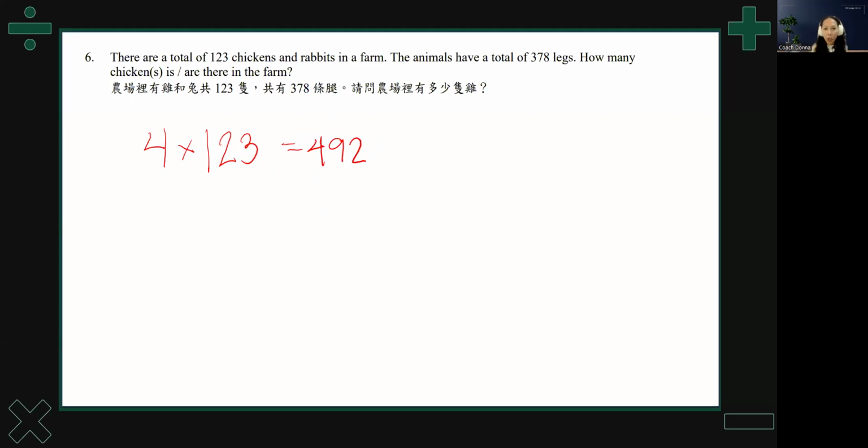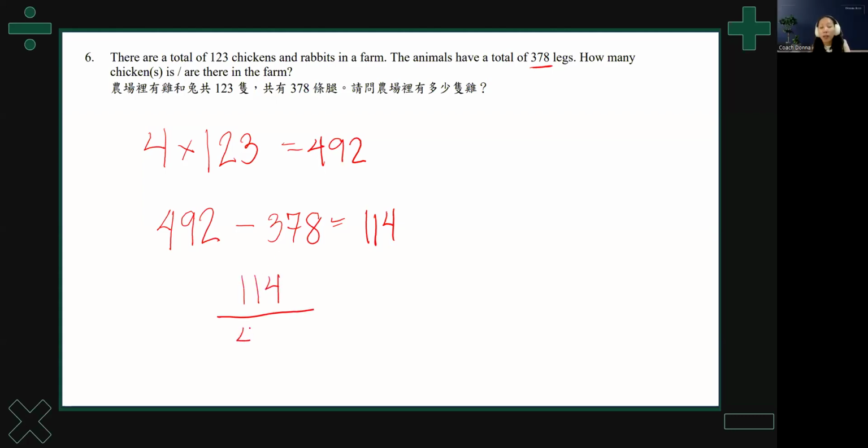But remember, we also have chickens and we can only have 378. So that 492 minus 378, we will have 114 as the difference. So if you have 114, divide it by the difference between the number of legs.